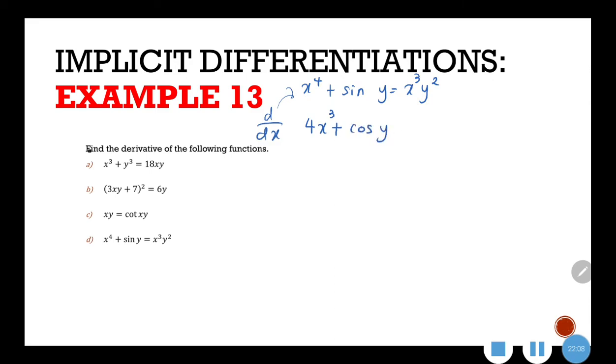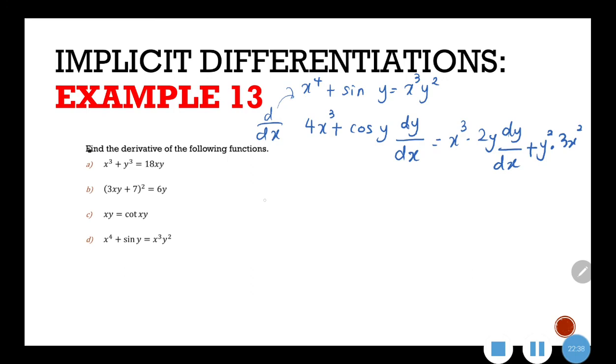Don't forget to write dy dx. Okay, and then so this, copy x, differentiate y. You have to do that. Okay, so copy x, differentiate y, you will get 2y dy dx plus copy y, differentiate x, you will get 3x square.